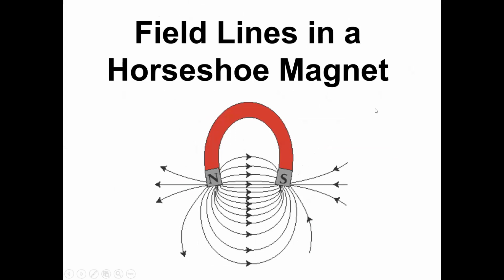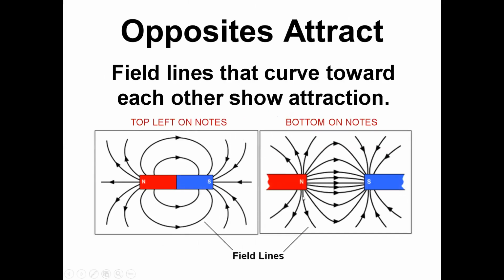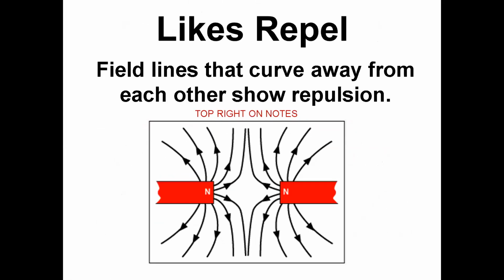As you see here, if we have two poles that are different, there's a curve that comes toward each other. But if they are repelled, they come like a curve, but away from each other. Since they are away, that means they make a repulsion.